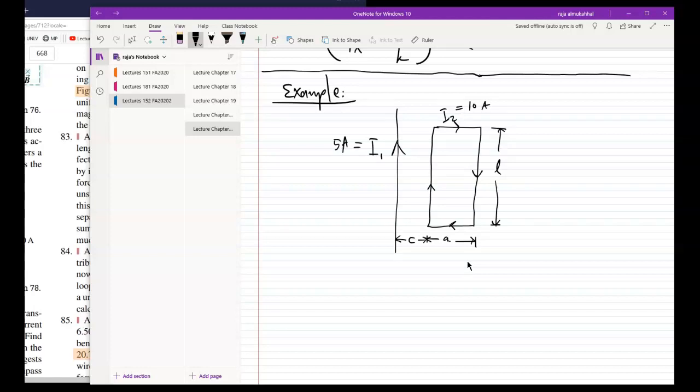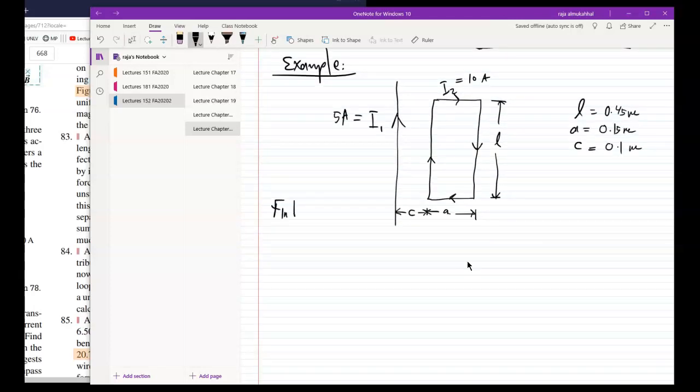Got it? Now, given to us that L is equal to 0.45 meter, A is 0.15 meter, and C is 0.1 meter.